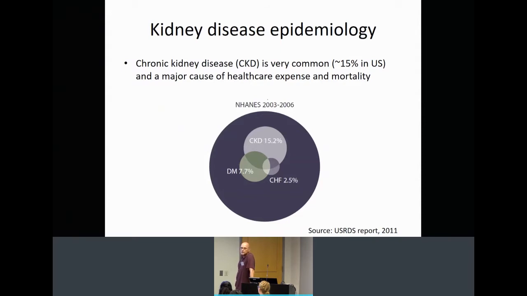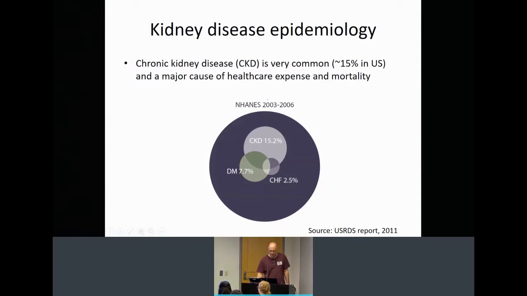And chronic kidney disease is not only being on dialysis, it's also just having some reduced function of the kidney that requires medication, even though you're functioning regularly. So 15% of the US population were on some sort of kidney medication as of 2006, about 8% had type 2 diabetes mellitus (DM), and about 2.5% suffered from chronic heart failure.